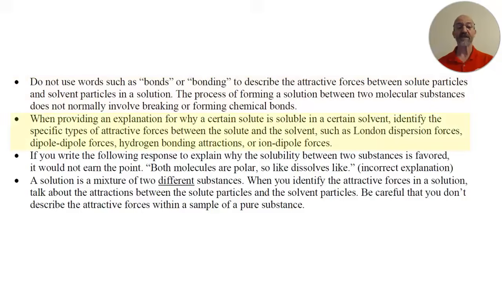When providing an explanation for why a certain solute is soluble in a certain solvent, identify the specific type of attractive forces between the solute and the solvent, such as London dispersion forces, dipole-dipole forces, hydrogen bonding attractions, or ion-dipole forces.